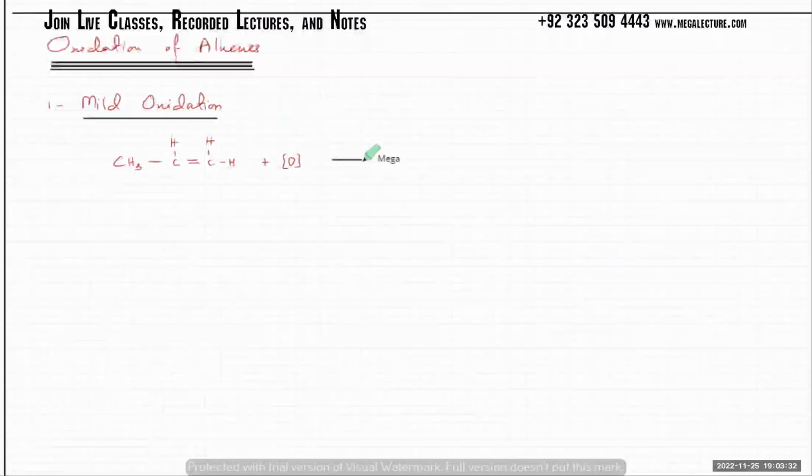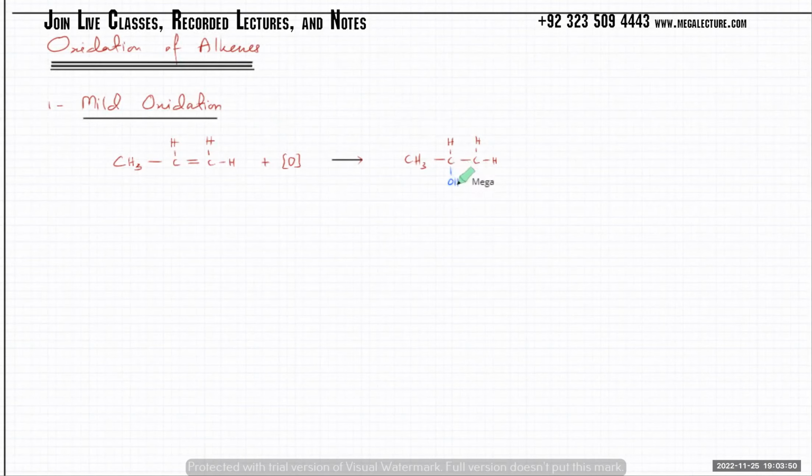And during that reaction, what will happen is that the molecule will simply, it's like an addition reaction. वो जो double bond वाला जो part है ना, exactly where the double bond is, two hydroxy groups are going to get attached to it. So there's going to be an OH and there's going to be another OH that's going to be attached to it.